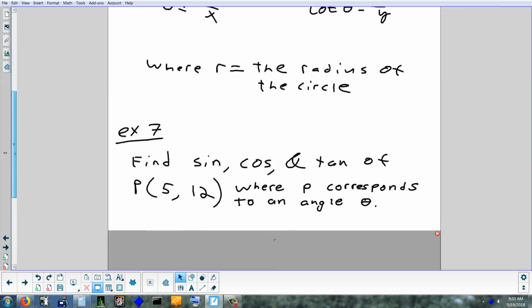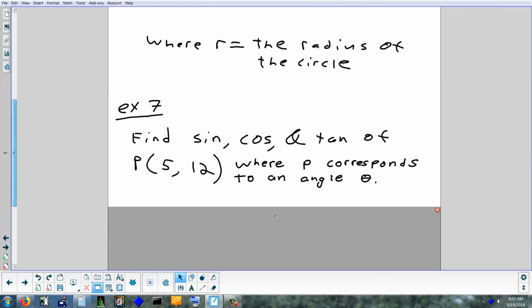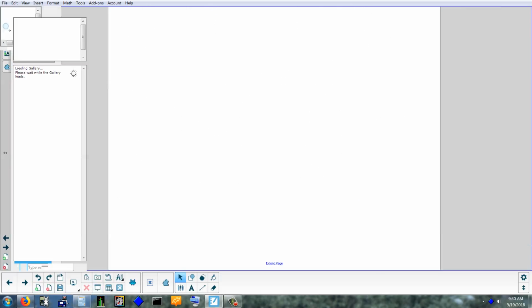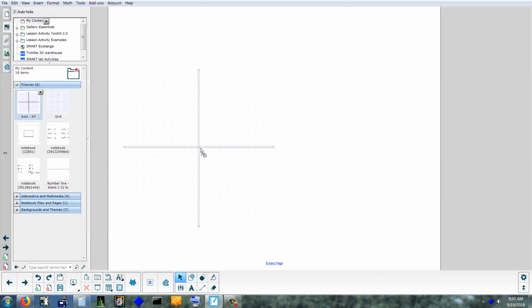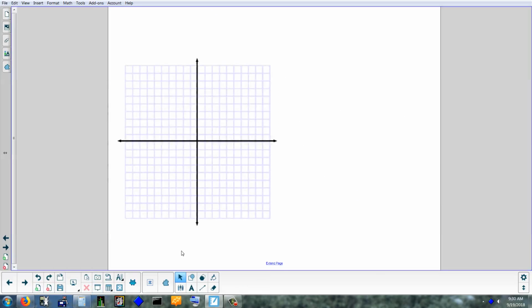And if you're still not sure, why is (5, 12) not on the unit circle? Let's graph it. So if I graph the point (5, 12), let's see if it's on a circle with a radius of 1. So circle of radius 1 is right there. Let me graph the point (5, 12). So 5, that's 10. (5, 12) is up there.